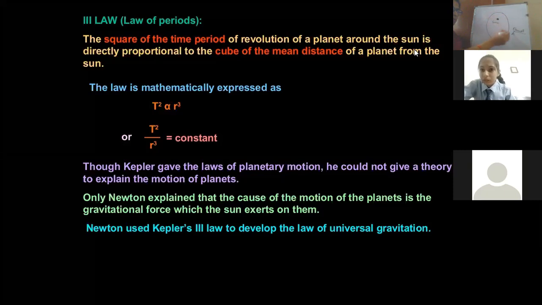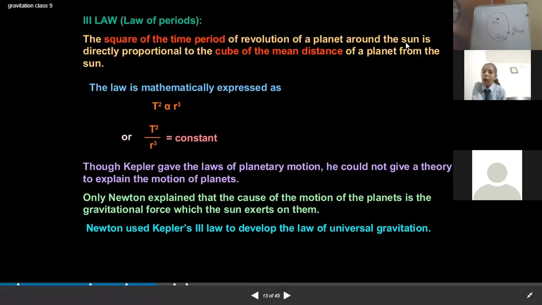The time taken by this planet to complete one revolution around the sun is called the time period, right?